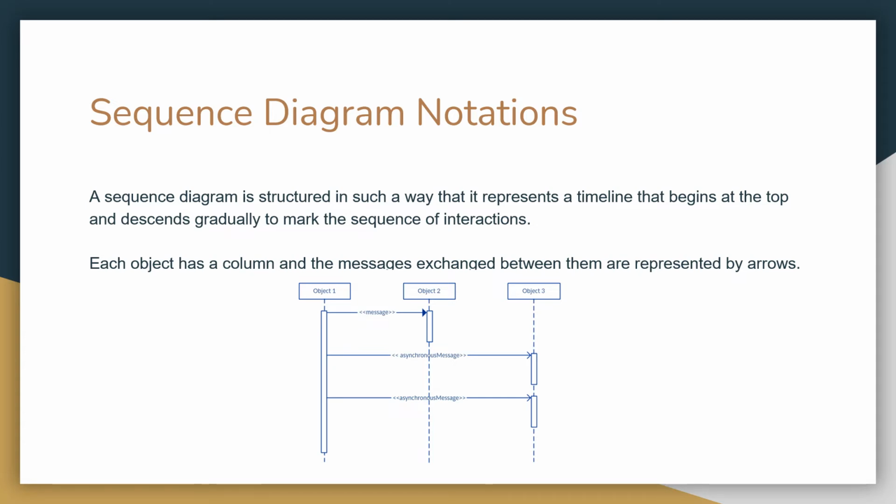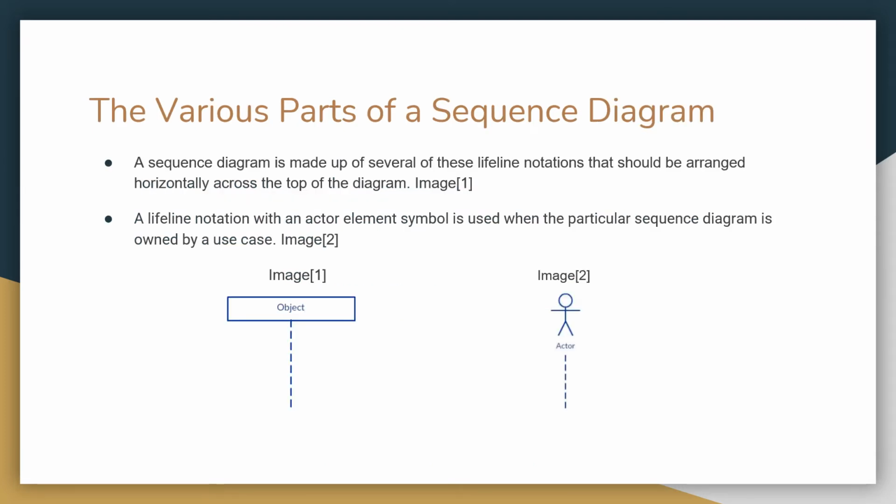Here is what we need to know: no two lifeline notations should overlap each other, and they represent the different objects or parts that interact with each other in a system during the sequence. Here are some visual parts of the sequence diagram. The first image is the object. As we mentioned before, objects must be arranged horizontally across the top of the diagram.